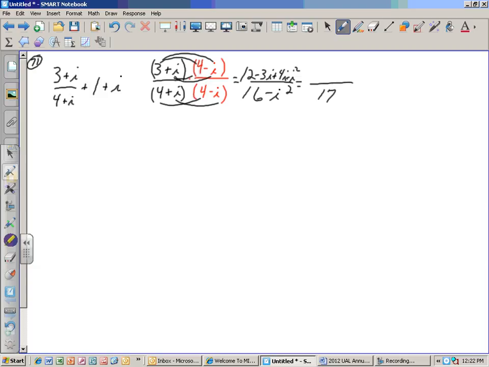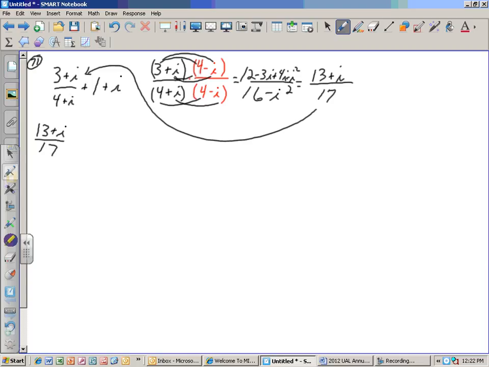Add that to the 12, and I'll get 13. Combine my middle terms: negative 3i plus 4i gives you 1i. So this first term is equal to 13 plus i over 17.